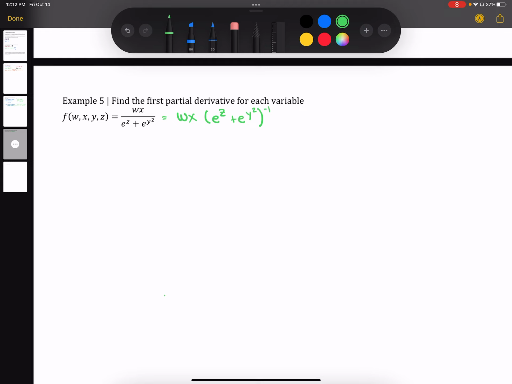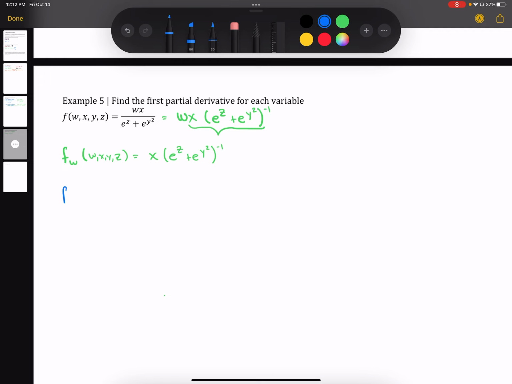All right, so the partial derivative of f of w, x, y, z with respect to w: all of this is a constant for w. So it's just going to be x times e to the z plus e to the y squared to the negative 1 power.